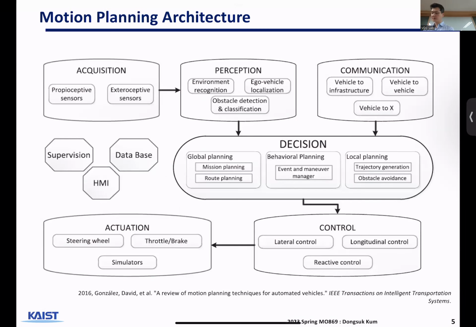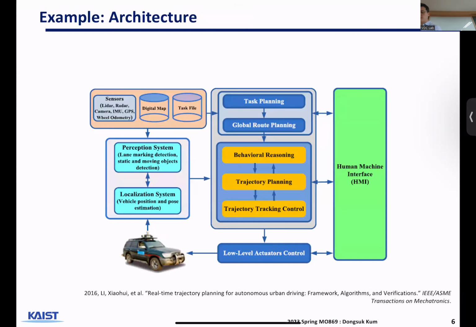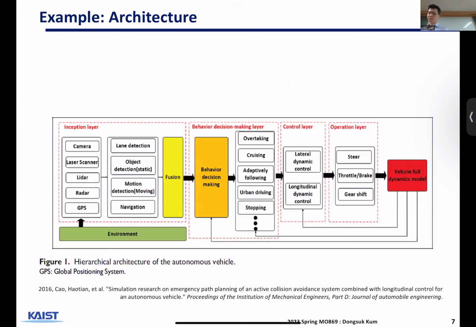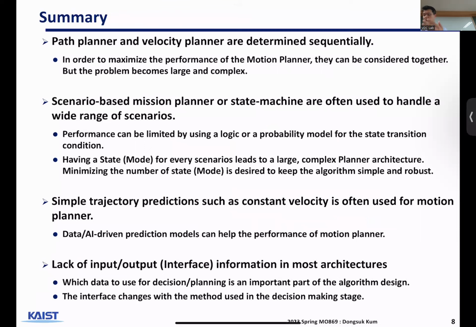So we did look at some examples of how people structure motion planning algorithms, and we went through this summary with four bullet points. Path and velocity planners are usually done separately. There's a scenario-based mission planner.